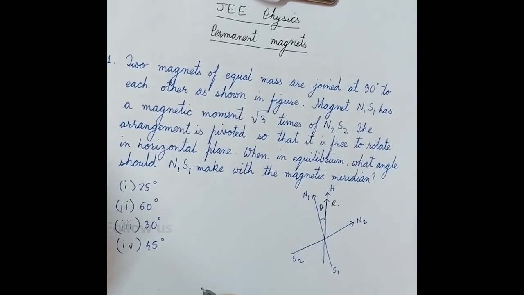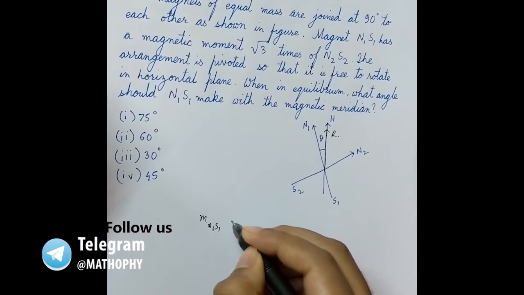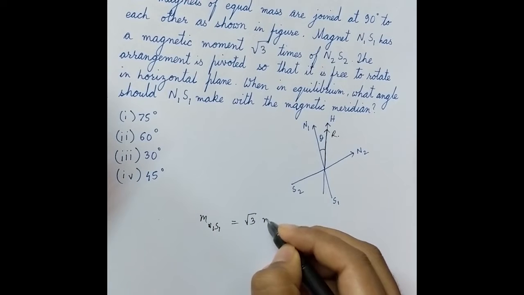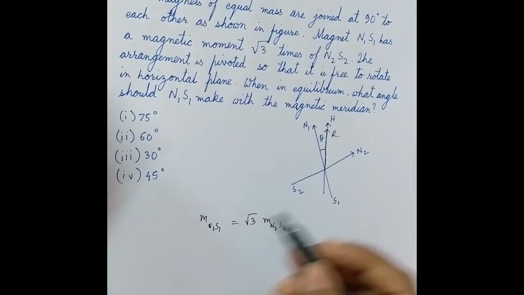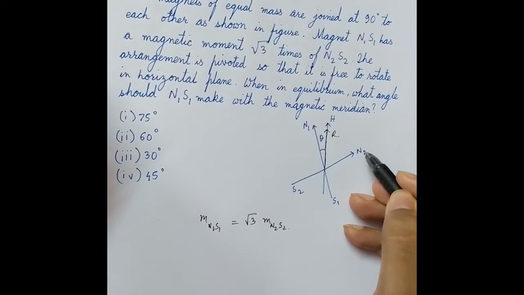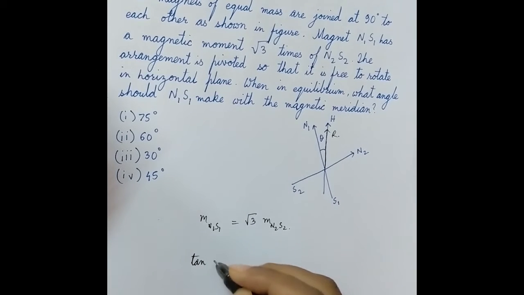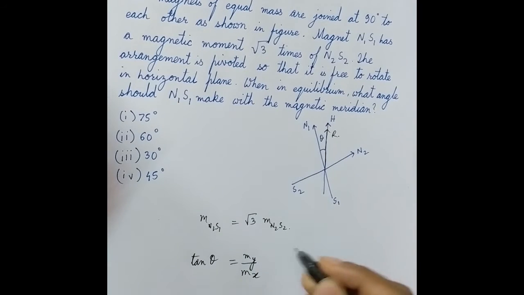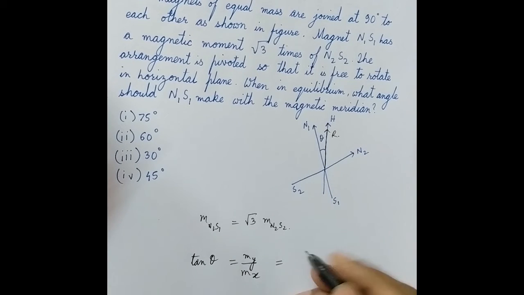So let's just say that the magnetic moment of N1S1 is root 3 times the magnetic moment of N2S2. If I take N1S1 as the x-axis, N2S2 as the y-axis, then finding theta is simple. Tan theta is equal to my by mx. My is your N2S2, mx is your N1S1.